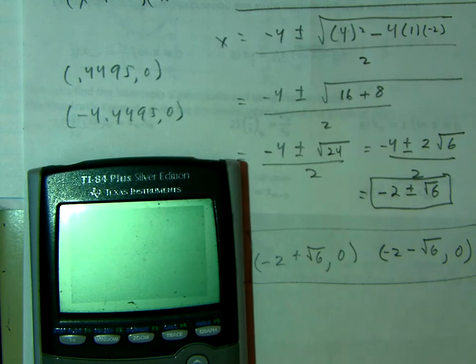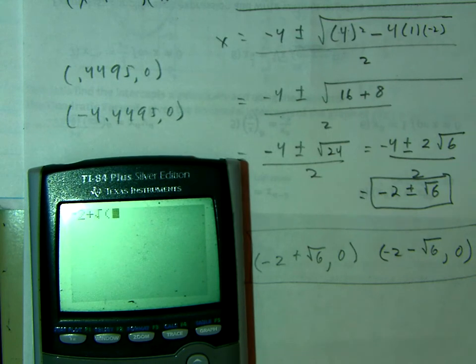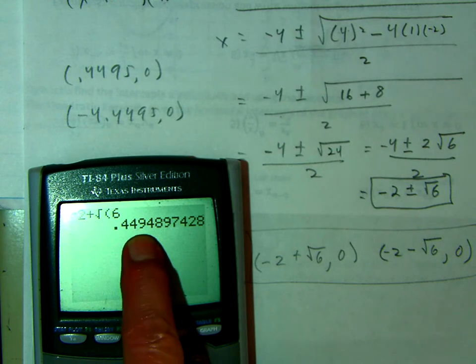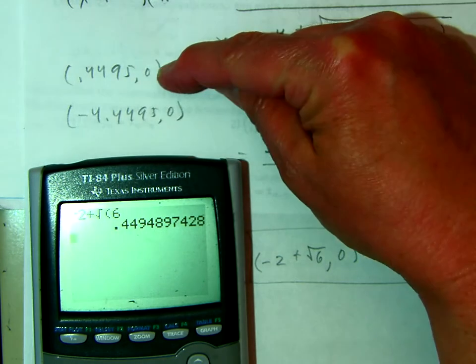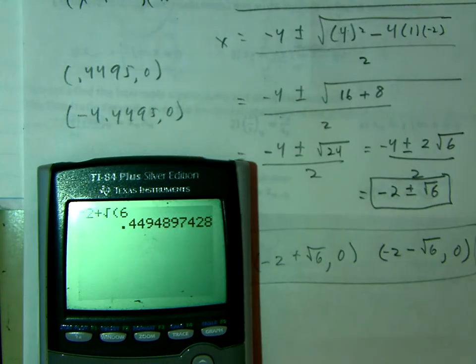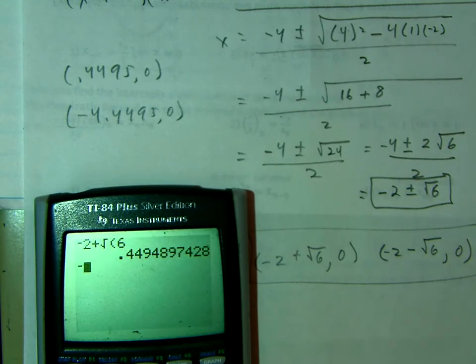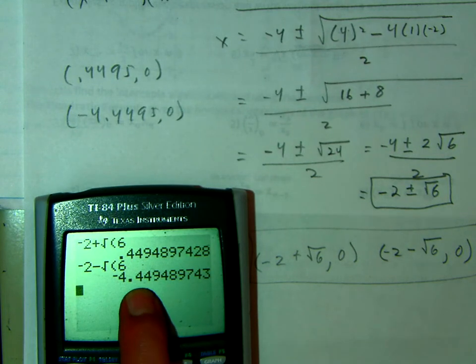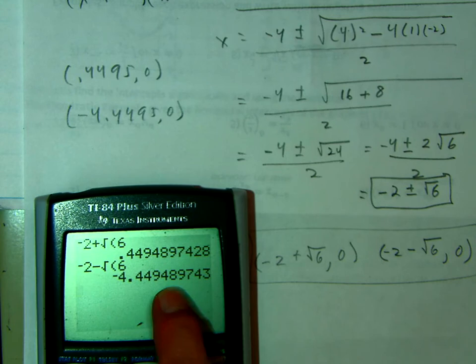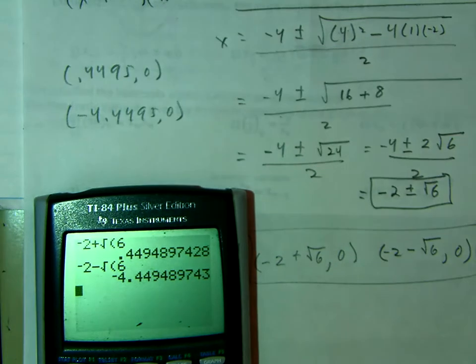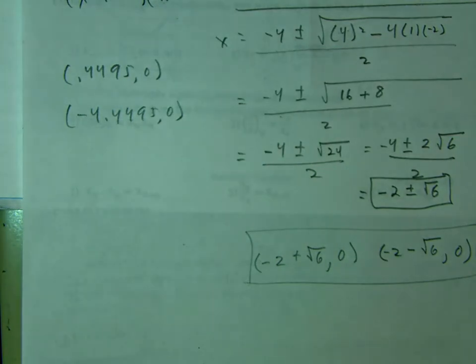So negative 2 plus the square root of 6 is indeed 0.4495 approximately, and negative 2 minus the square root of 6 is approximately negative 4.4495. Let's look at an application now.